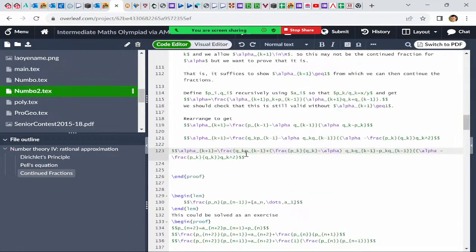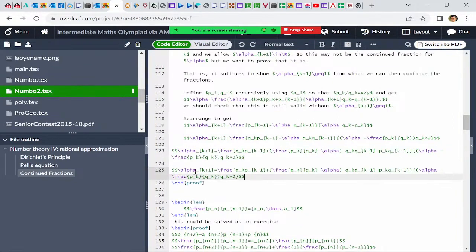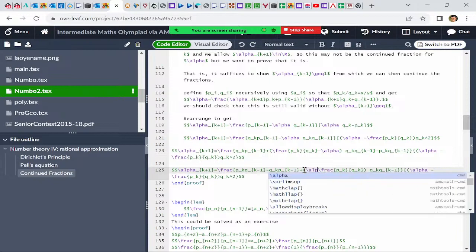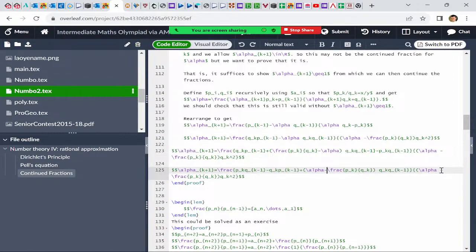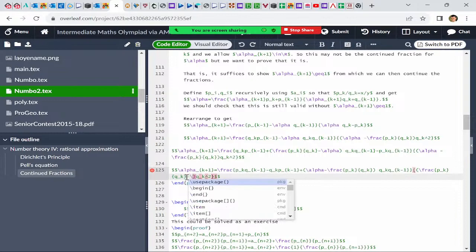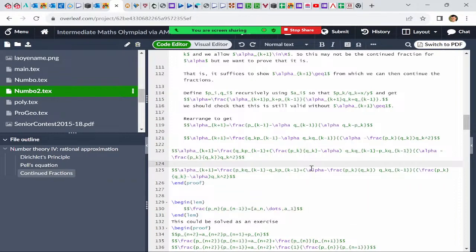Just switch the signs of the top and bottom. Oh wait, I should have still kept that as minus alpha. Sorry.